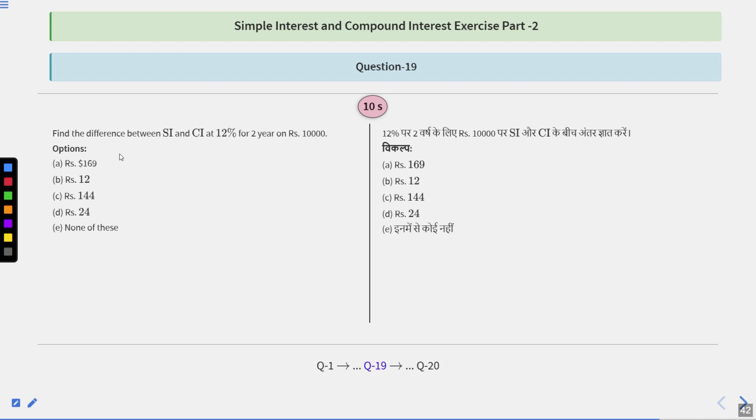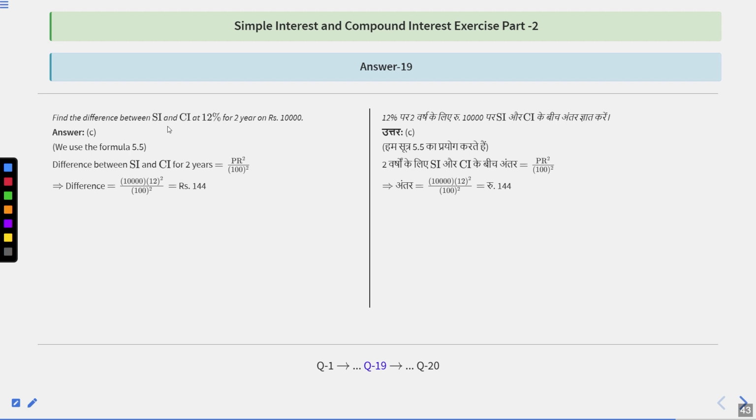Next one. Find the difference between simple interest and compound interest at 12% per annum for 2 years on rupees 10,000. You have 5 options and 10 seconds to analyze the question. Your time starts now. Now time's up. Let's see the solution.